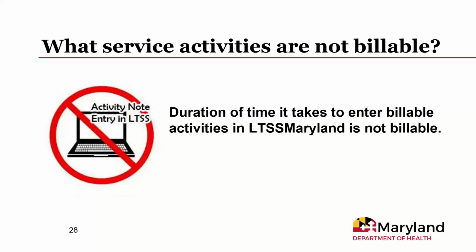Remember, activity notes summarize the actual service rendered. The service should be supported in LTSS by entered documentation, such as a completed monitoring and follow-up form, FAE, HRST, and or submitted person-centered plan, for example.